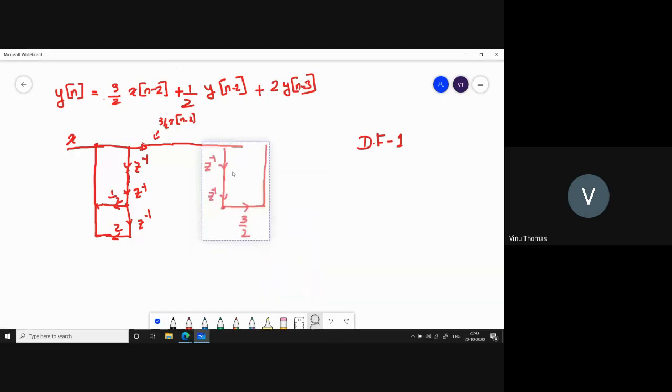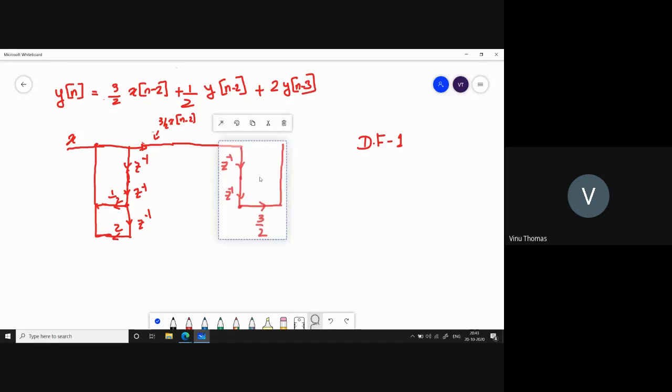And then we will put this here. So here you have x of n. This is x of n, and this is y of n.